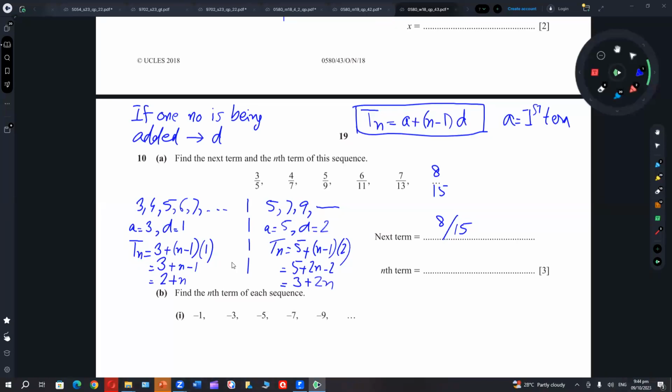So we have to write 2 plus n over 3 plus 2n.